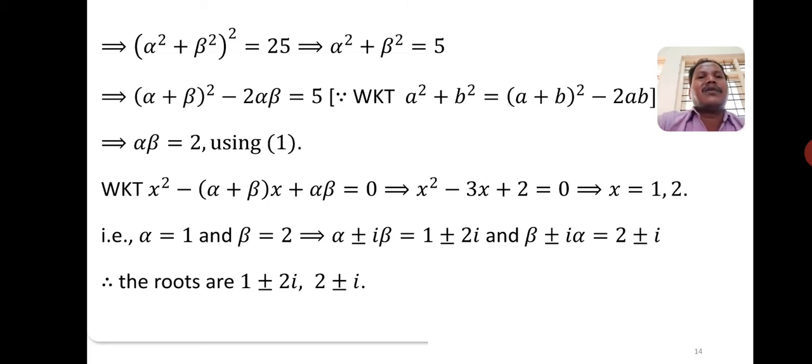That means we will take alpha equals 1 and beta equals 2, which implies alpha plus or minus i into beta, that means 1 plus or minus 2i, and beta plus or minus i into alpha, that is 2 plus or minus i. Therefore the roots are 1 plus or minus 2i, 2 plus or minus i.